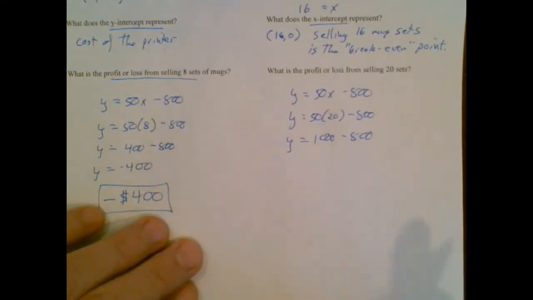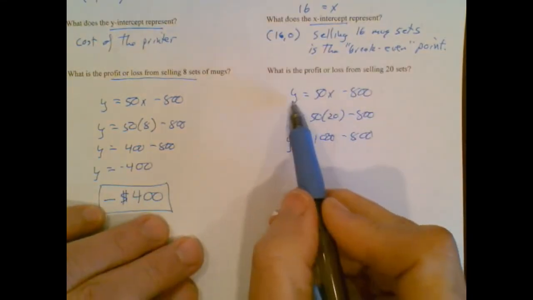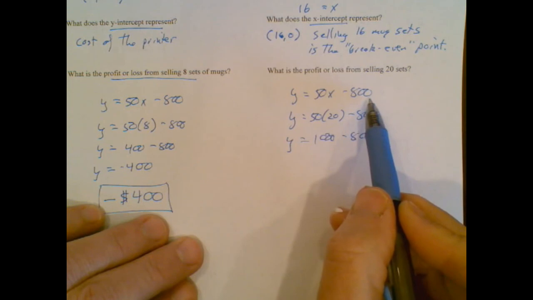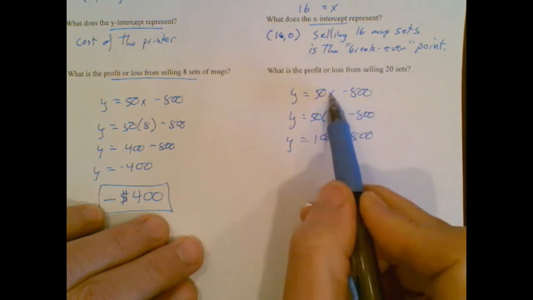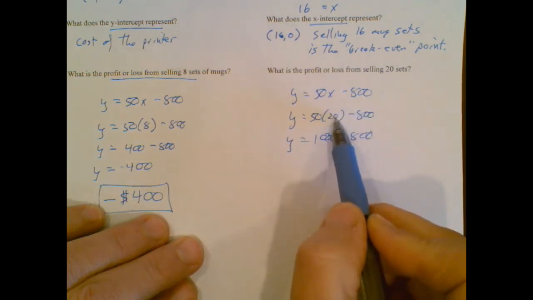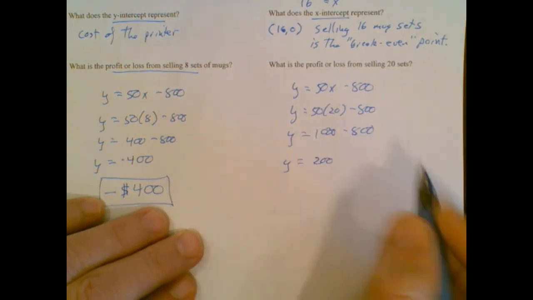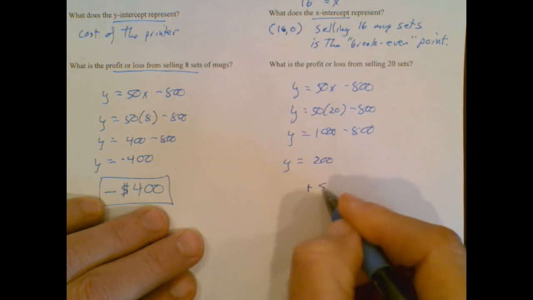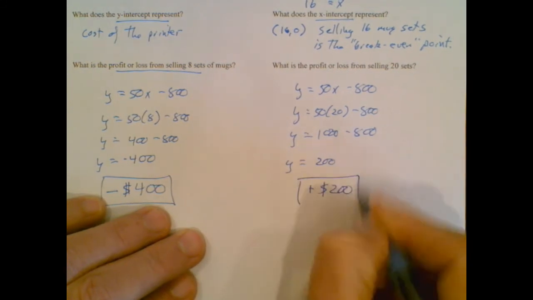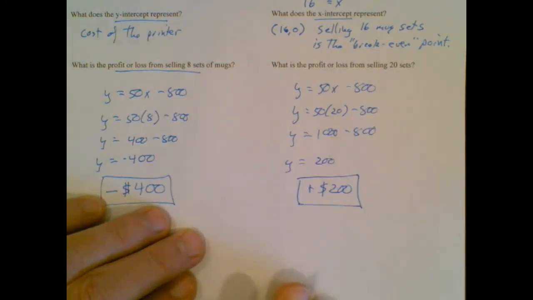You know what? That was pretty stupid of me. I was doing all that writing without showing. y equals 50x minus 800. x is 20 because I'm going to sell 20 sets. I end up working this out and I get 200, which means I get a $200 profit. Yay, money.